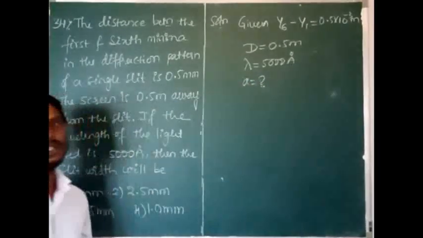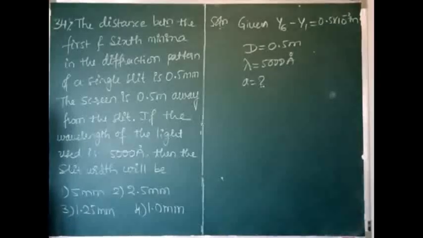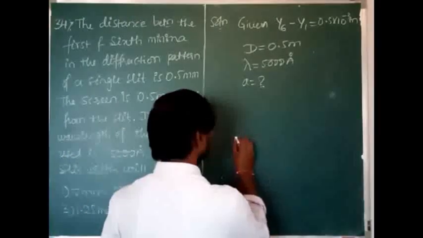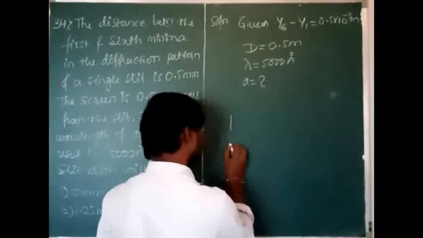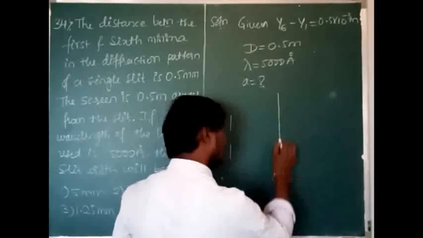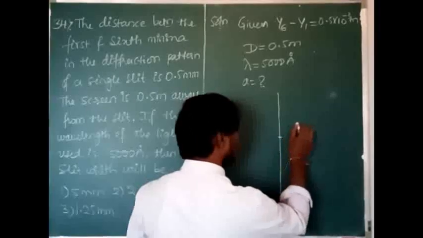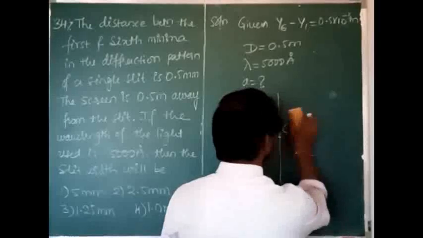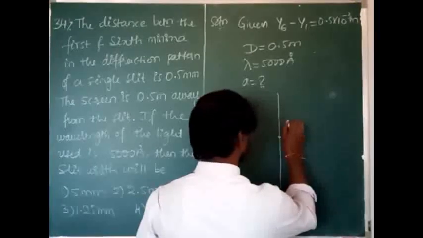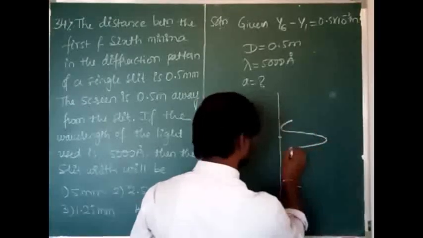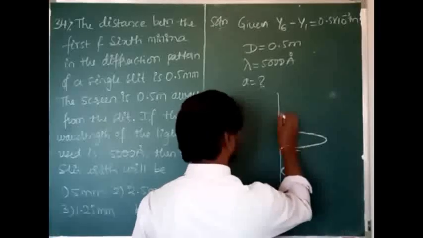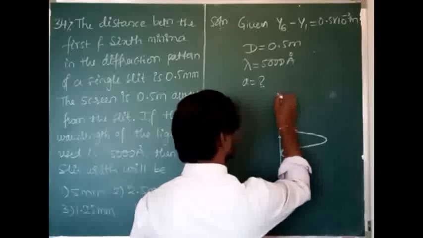So what is the formula for the position of minima and what is the formula for the position of maxima? Let us discuss that. It is a single slit, a screen and a central maximum. It is the diffraction pattern on both sides.